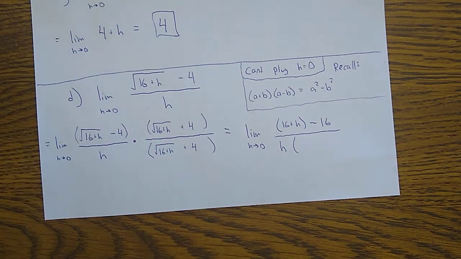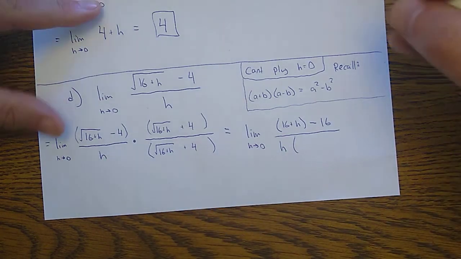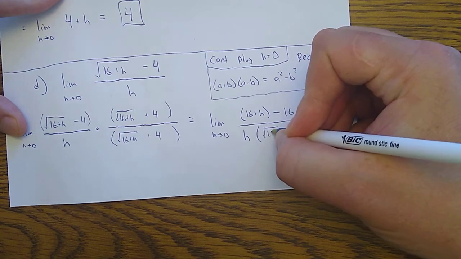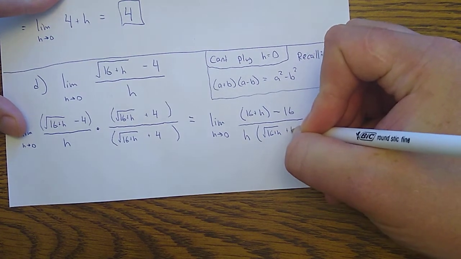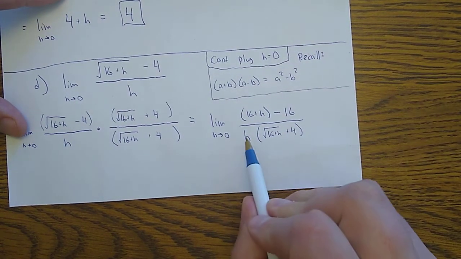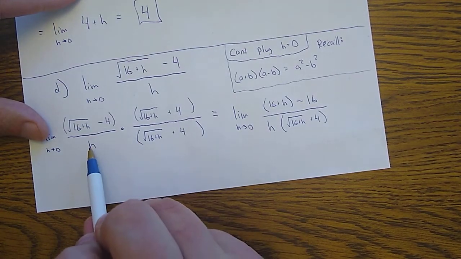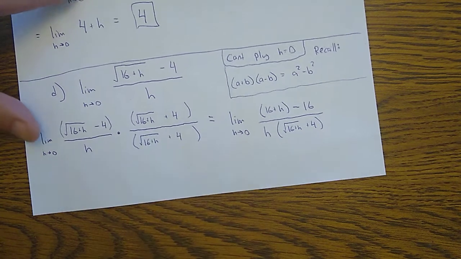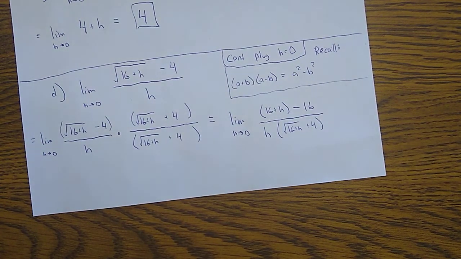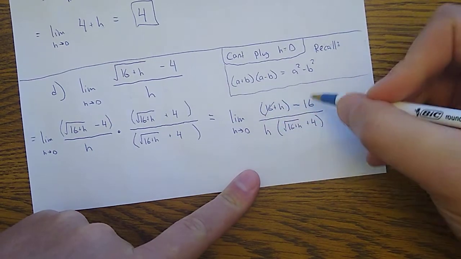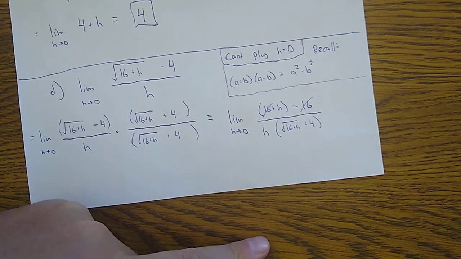This is a strategic move, because I would like to cancel something from the bottom, and that's easier if I keep it factored. So on the bottom, I just write this times this, not distributing the h. I could do h times this plus h times 4, but I'm not going to bother. Because look, here's what happens. I've got 16 minus 16, so that's gone.